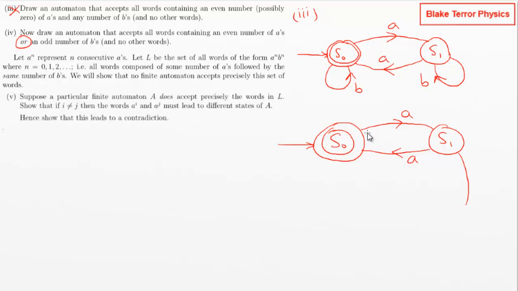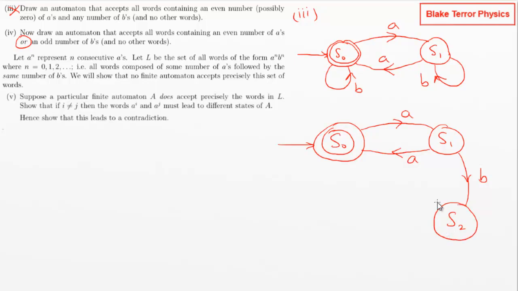We wouldn't be able to have even and odd. We've got even and even, or odd and odd. So right, it's got to go off this way for B to S1. So it's coming into, well, let's call that S2.